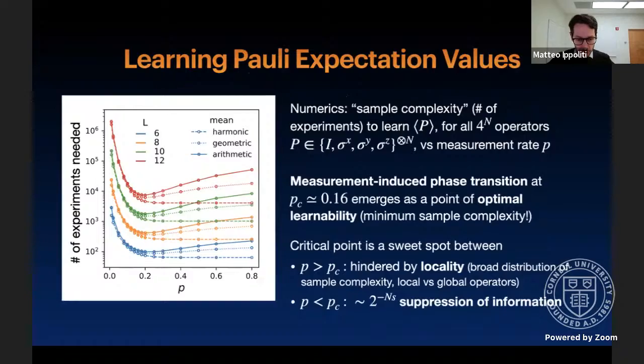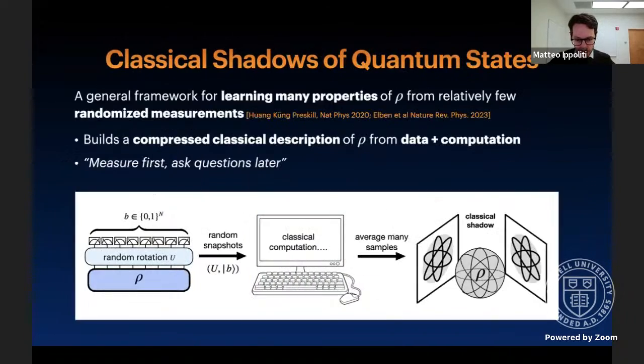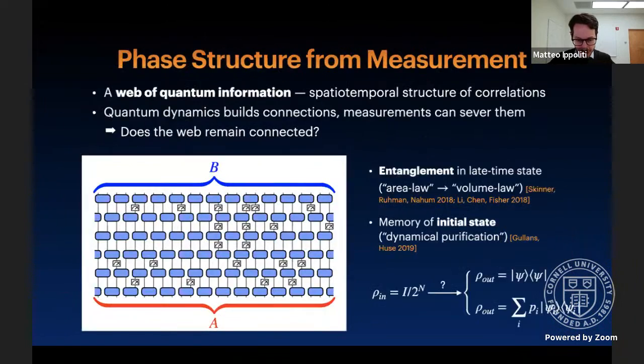As you might imagine, if you measure more than half of the bonds in this kind of diagram, you just break it down into disconnected pieces. So in that case, I'm fairly sure you can succeed with polynomial space and time, but that is quite far from the asymptotic transition, right? Whether you can do much better than that, I really don't know. It would be very interesting to find out.